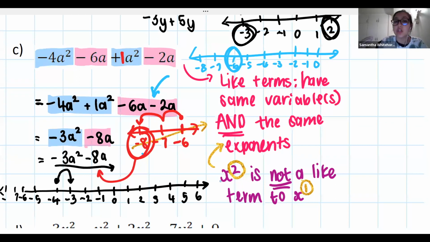I need to go to the left. I need to decrease by 1, 2. So that takes me to negative 8a. You've got a negative and you're taking away even more than that. And so I have to get an even more negative number. Right, guys, if you don't understand this, you need to go and watch the integer videos. This is not an integer course, so you need to go and watch those videos to catch it up.